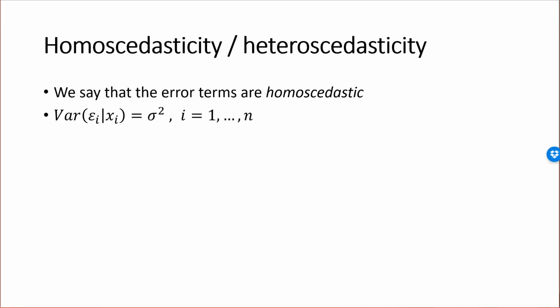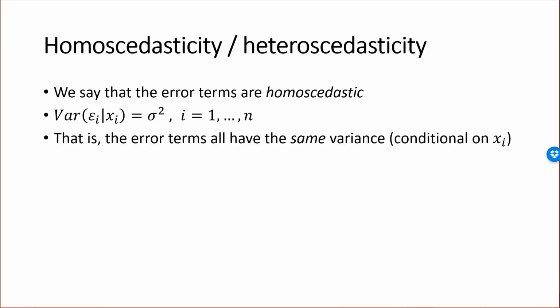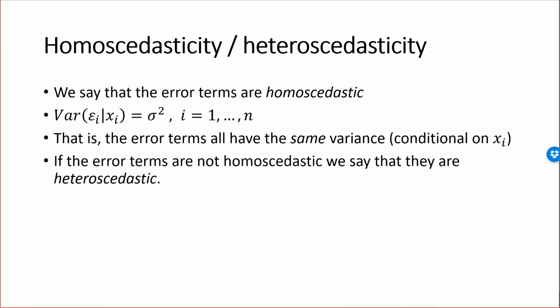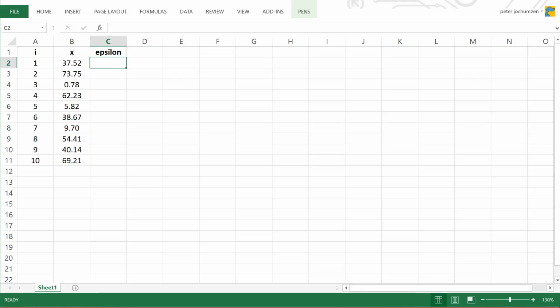Homo meaning the same, so the variances are the same. So they all have the same variance conditionally on x. If they're not homoscedastic, that is, if every error term has its own variance, then we call them heteroscedastic. Hetero meaning here different. So let's illustrate these two cases in an Excel sheet.